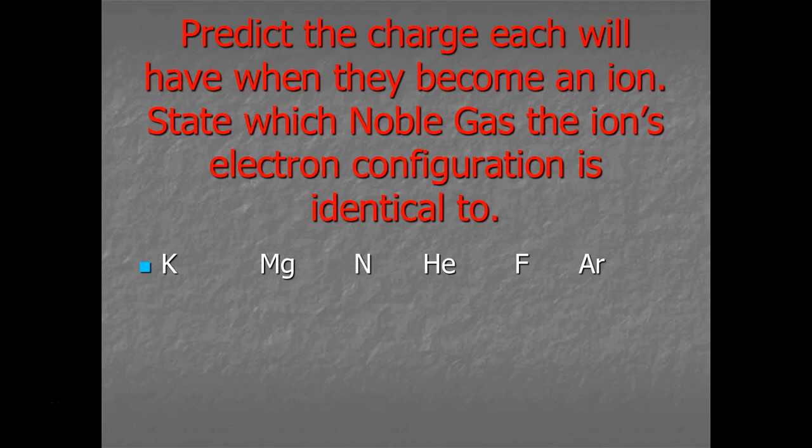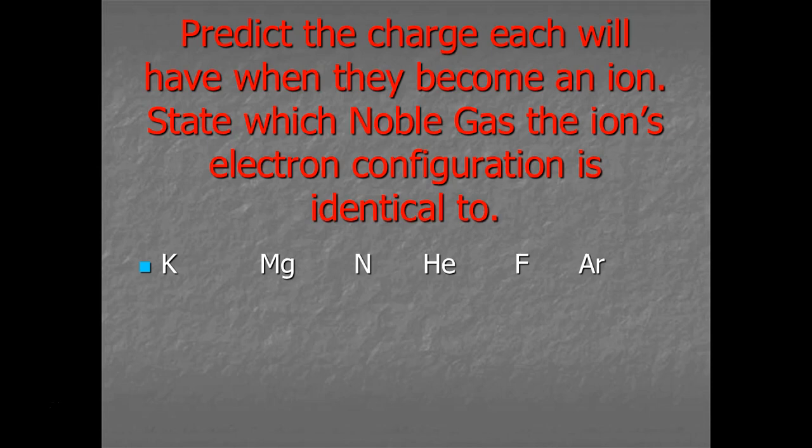So we're going to look here and see what charges we think things will take on. Potassium is in the 1st column, so it has 1 valence electron. If it wants to be like a noble gas, its choices are to lose 1 electron and be like argon, or gain 7 electrons and be like krypton.